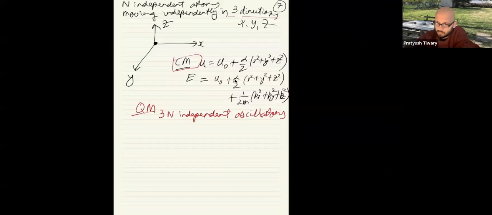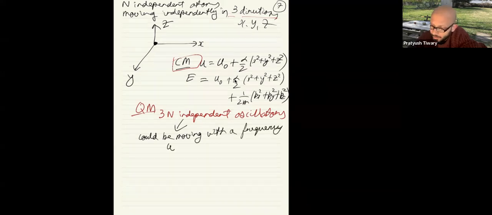We lump it together and we say that each of these oscillators could be moving with a frequency. This frequency could be omega 1 for the first oscillator, omega 2 for the second oscillator, omega 3n for the 3nth oscillator. So these are variables denoting the frequency with which every oscillator is moving.